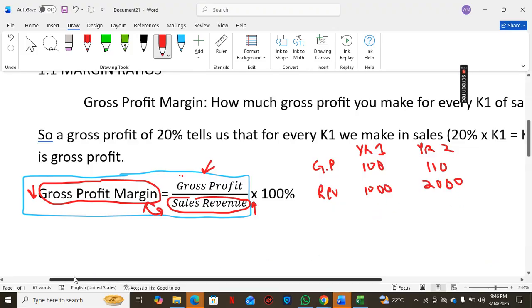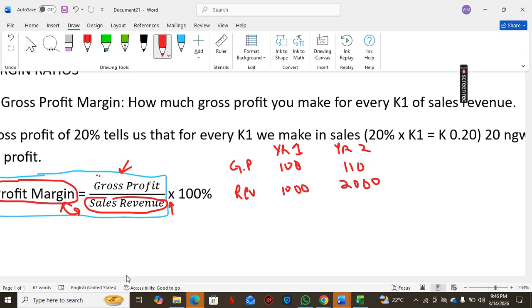Let's see what happens with the gross profit margin. Just remember, with these ratios, if the denominator increases more than the numerator, the ratio goes down. So let's see what happens to our gross profit margin, GPM: gross profit divided by sales revenue.